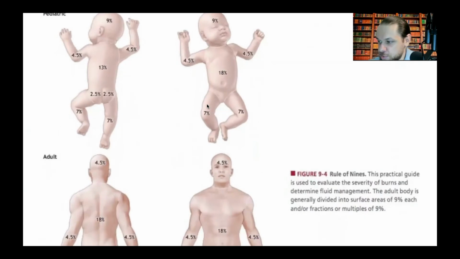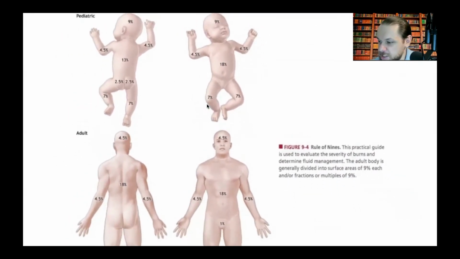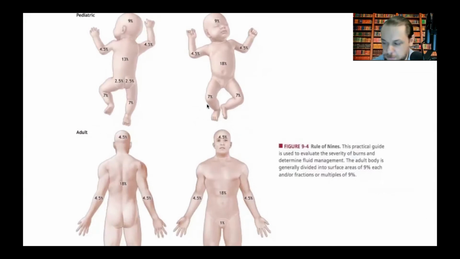So this is the rule of 9's that we talked about. This is essentially going to be one of the most important things for you to remember when you're dealing with burns. You're going to be using it to calculate your total body surface area. You're also going to be using it for your Parkland formula when you calculate fluid resuscitation, right?